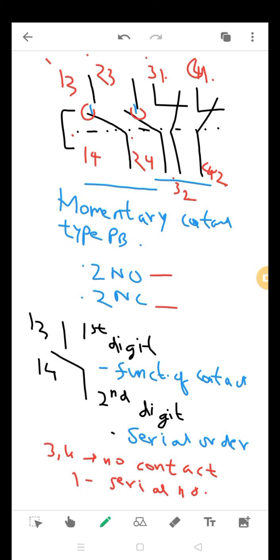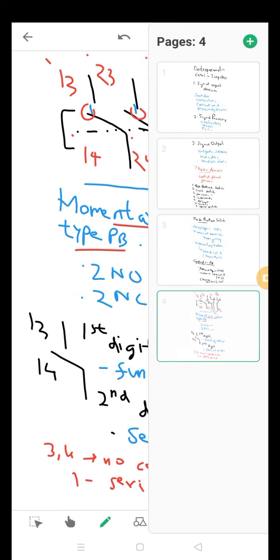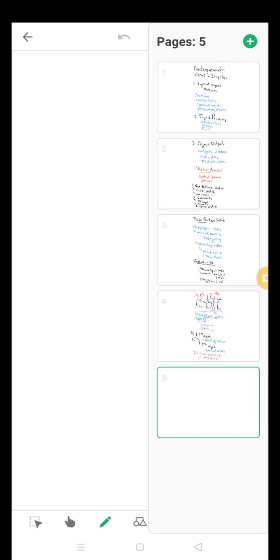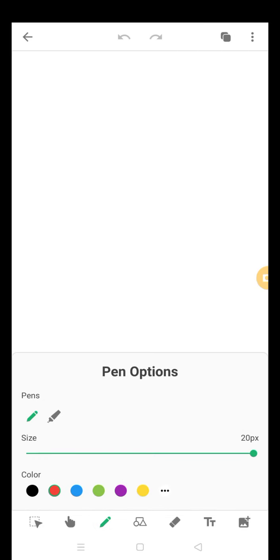Now this is the momentary contact type push button switch. There is another one called maintained, the mechanically manual override of the push button switch.